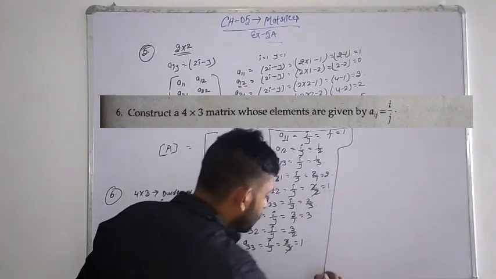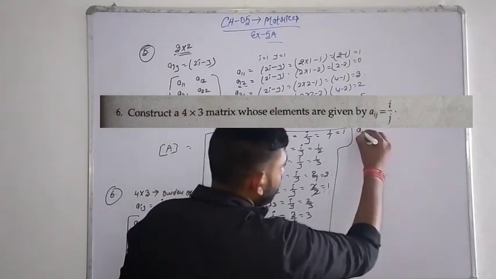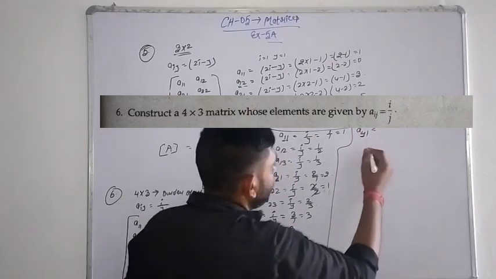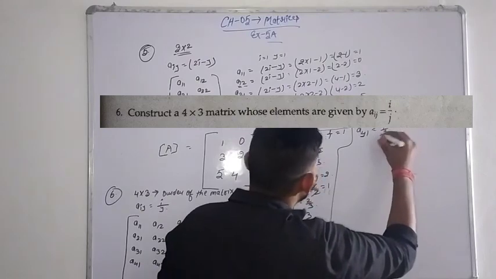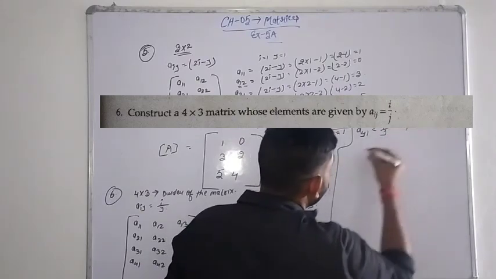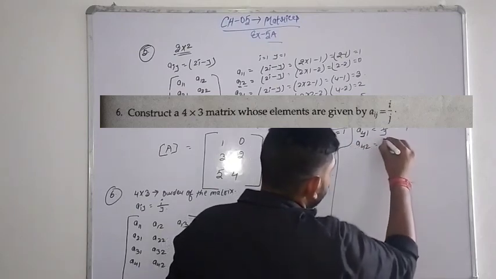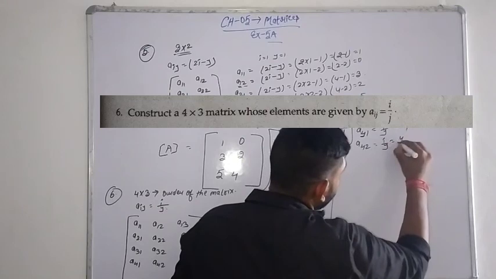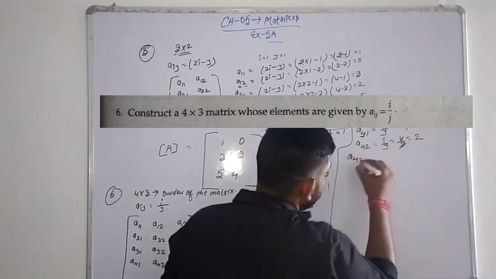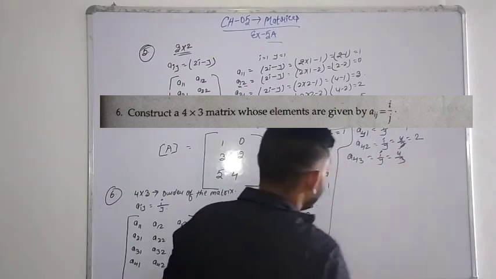And now a41, now we put the value of i is equal to 4. i upon j is equal to 4 upon 1 is equal to 4. Now a42 is equal to i upon j, that means 4 upon 2 is equal to 2. And a43 is equal to i upon j is equal to 4 upon 3.